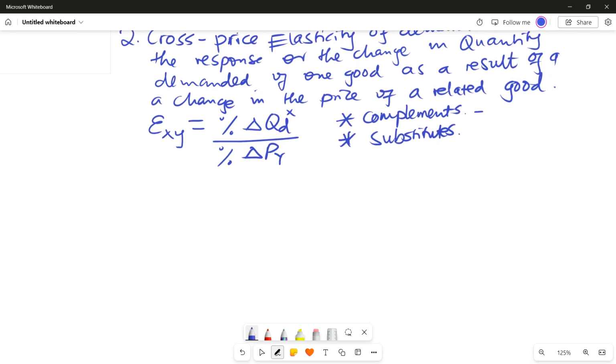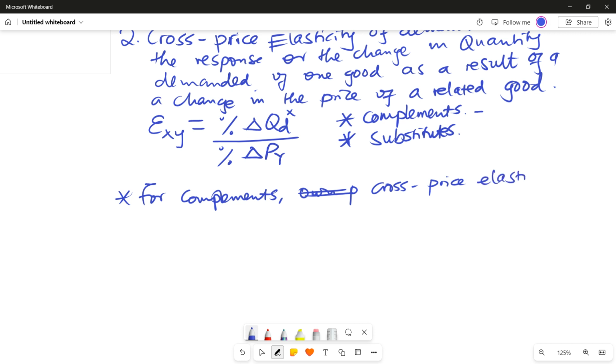So for complements, maybe we can write this point: for complements, cross price elasticity is always negative.